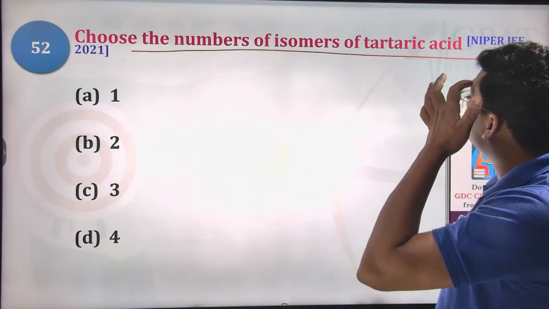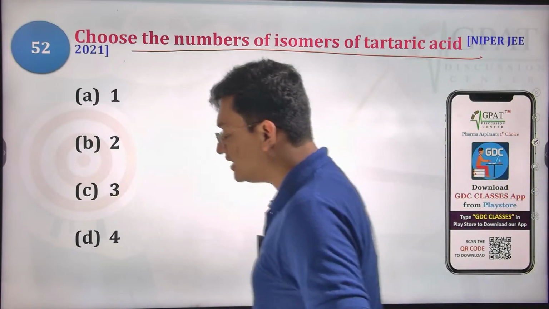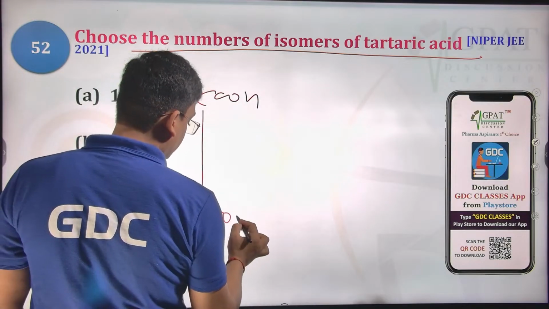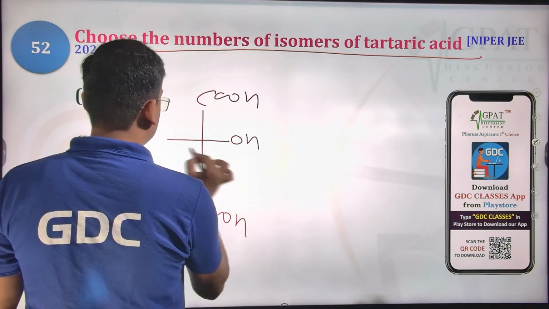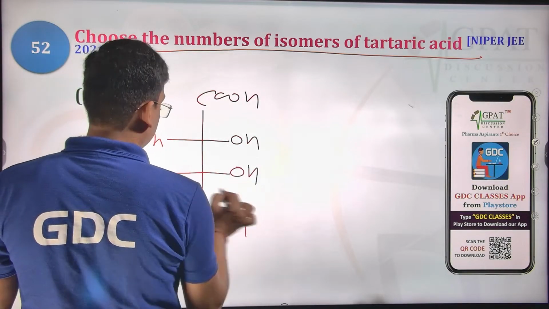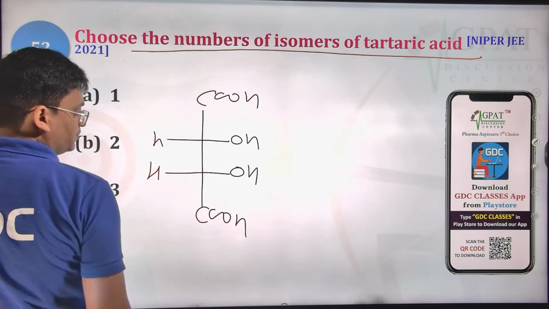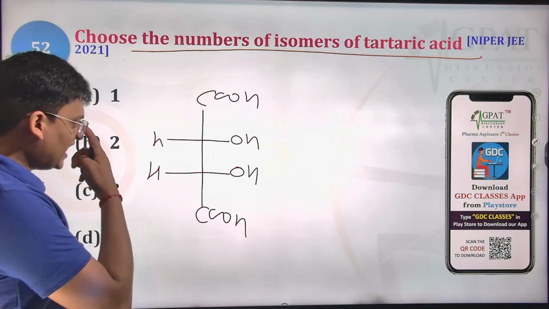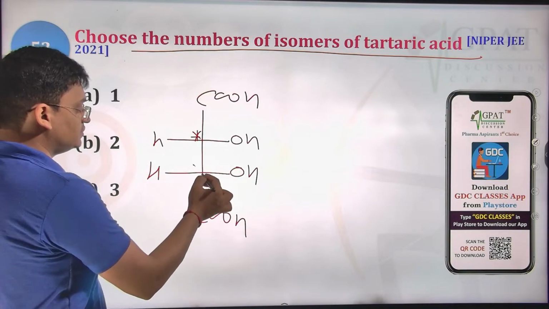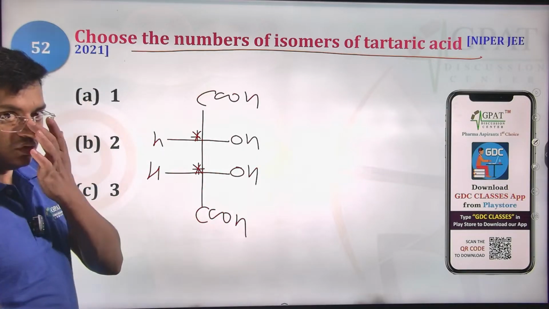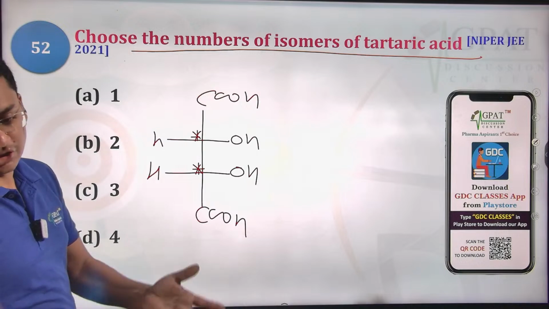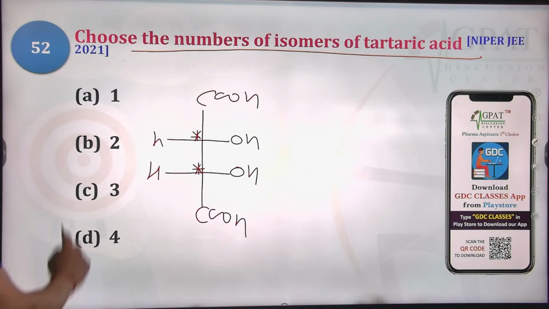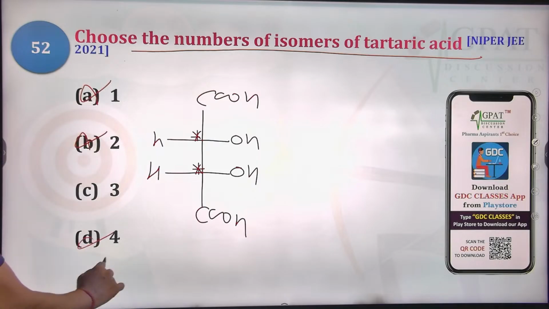Choose the number of stereoisomers of tartaric acid. The tartaric acid will be having COOH, OH, H, OH, H. There is possibility of a plane of symmetry. So we are having 2 chiral carbons, and we can have 3 stereoisomers that can be drawn for this tartaric acid structure. It's never 1, it's not 2, it's not 4, it's 3.